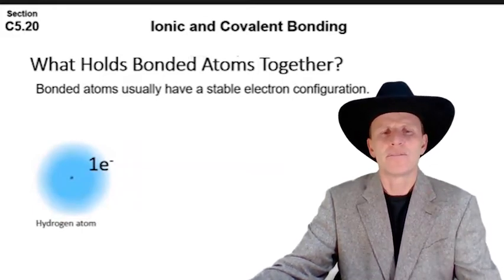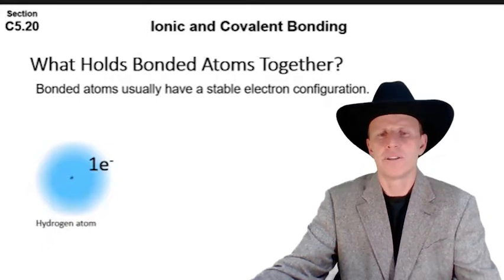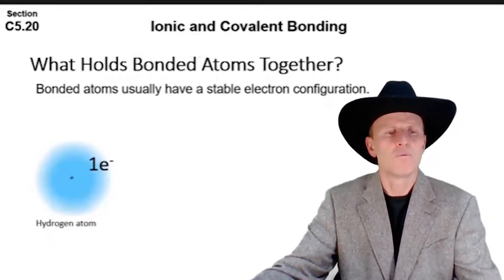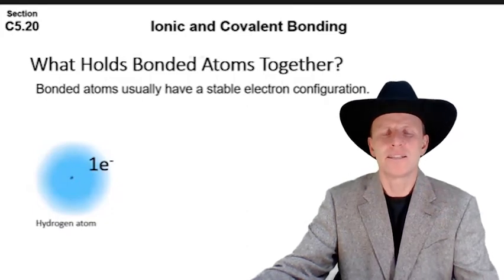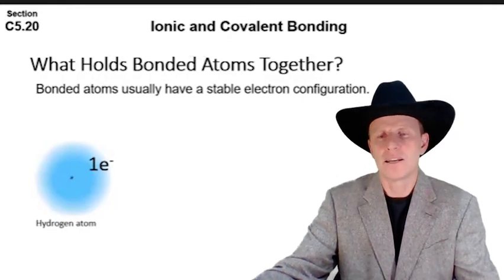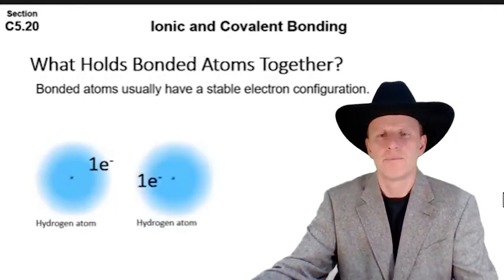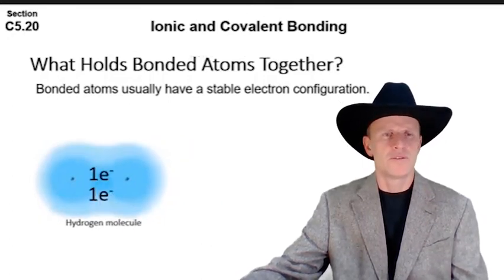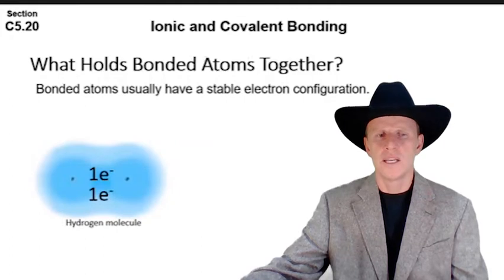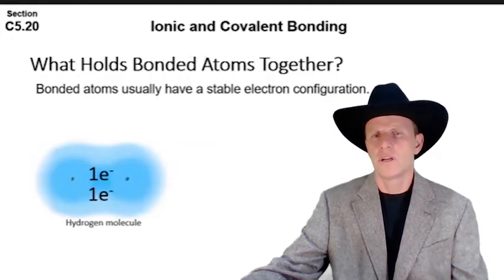Bonded atoms usually have stable electron configuration. We have pictured one hydrogen atom, which has 1 electron in its outer energy level, which only holds 2. But if we had 2 hydrogen atoms, then the resulting hydrogen molecule would attract those 2, and each would have 2 electrons in its outer energy level, which would be full.